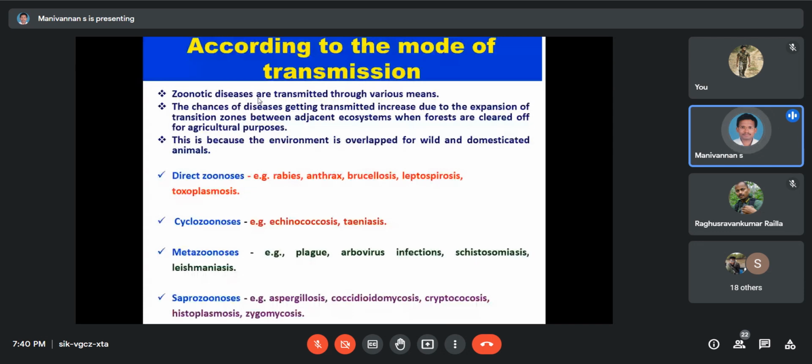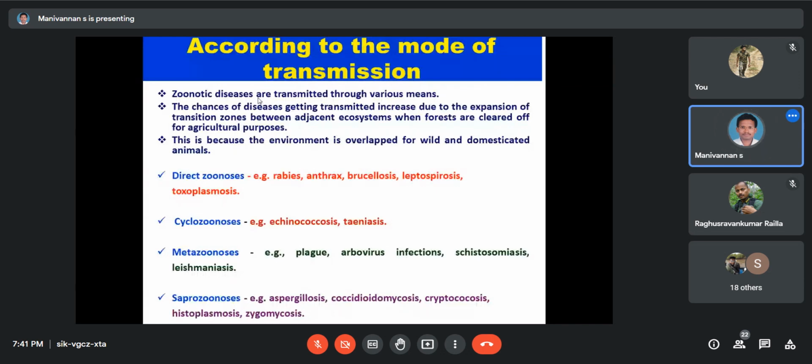Amphizoonosis means the disease can be transmitted from human to animal and animal to human, in both directions. Example, staphylococcal infection. Is it clear? Next one.